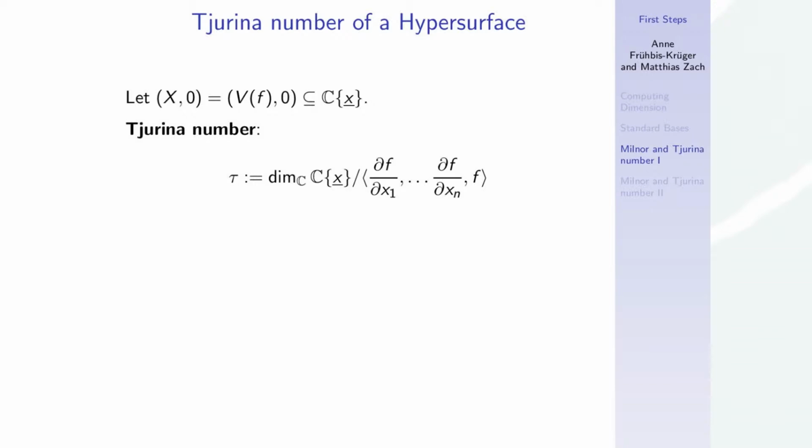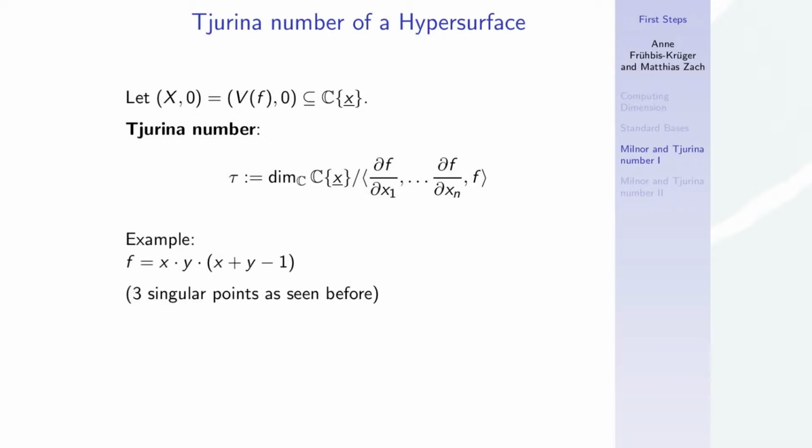And it is defined similarly to the Milnor number, except that this time we factor out the partial derivatives not from the power series ring, but from the power series ring modulo the ideal generated by F, that is, from the local coordinate ring of our germ, which then sums up to factoring out df by dx1 to df by dxn and F.